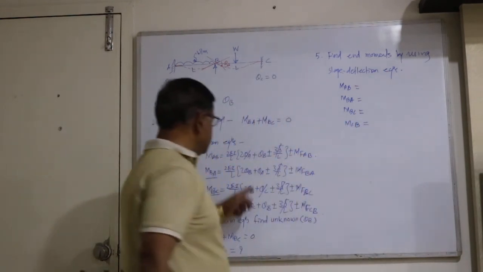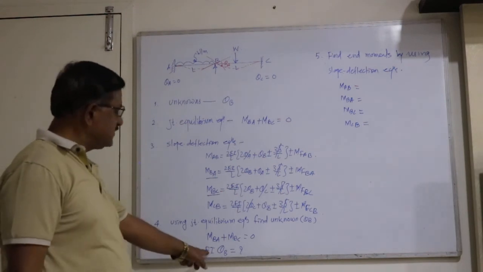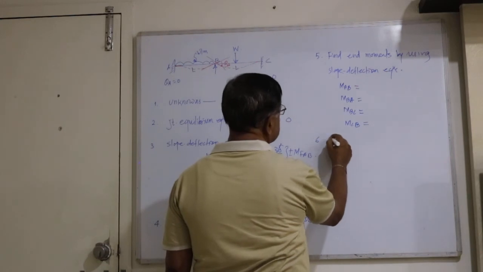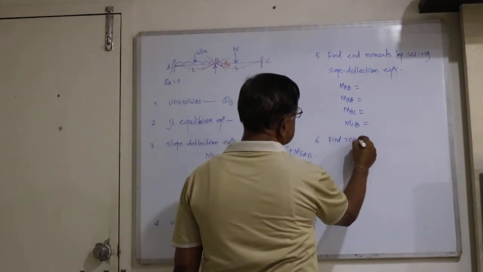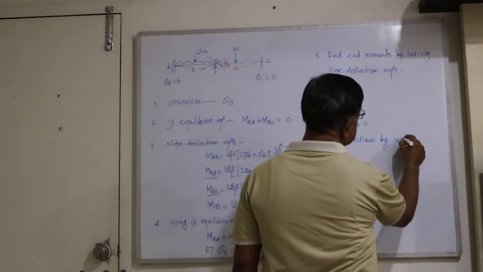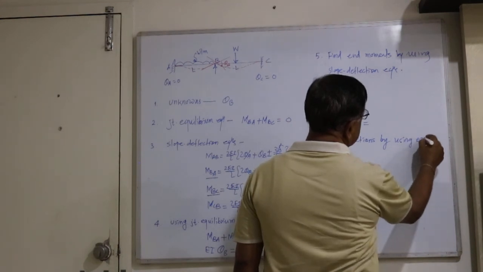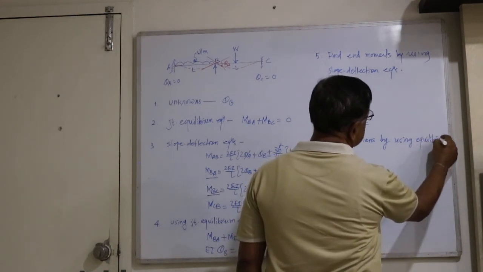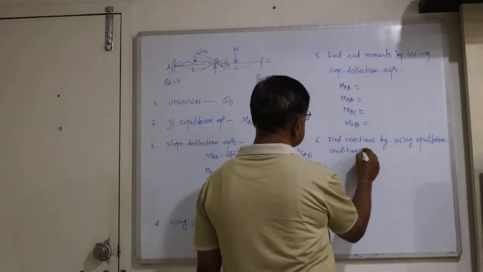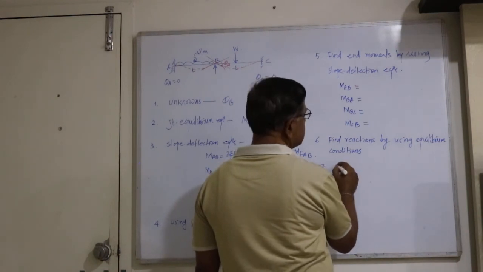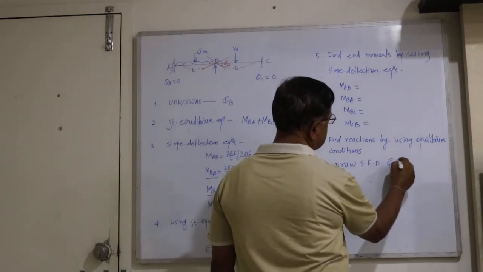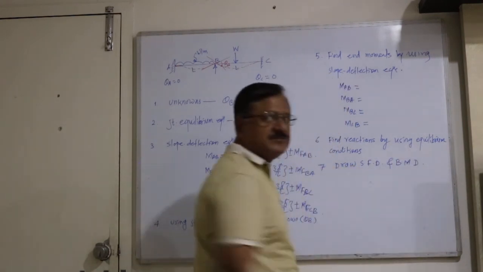After calculating these, next find reactions by using equilibrium conditions. And the last step is draw SFD and BMD.